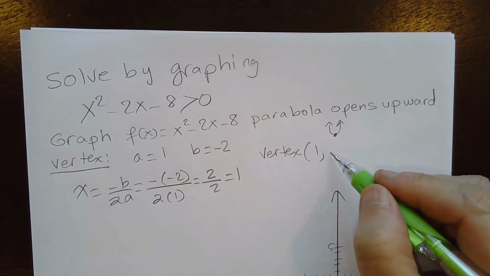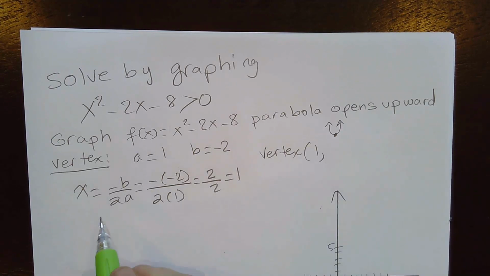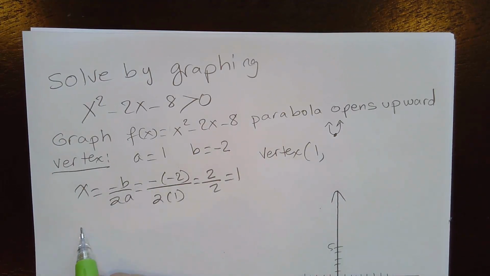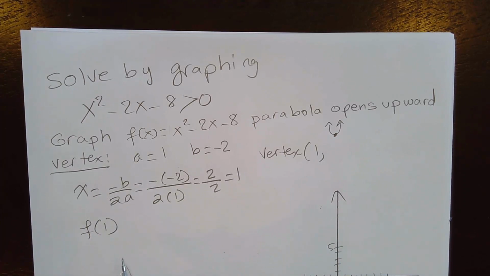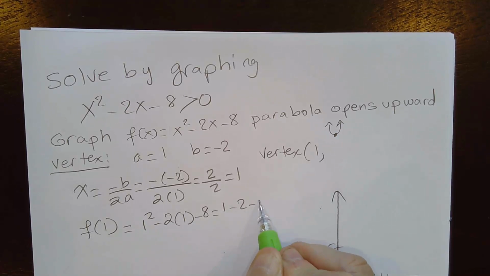Next, we need to find the y-coordinate of the vertex. The way we do that is we plug in 1 in the function. So we need to solve for f of 1. Whenever we find x, we replace it with 1. So x squared, that's 1 squared, minus 2 times 1, minus 8. And that is equal to 1 squared, that's 1, minus 2, minus 8.